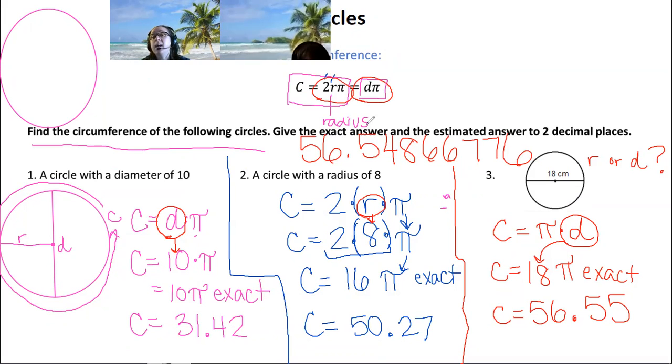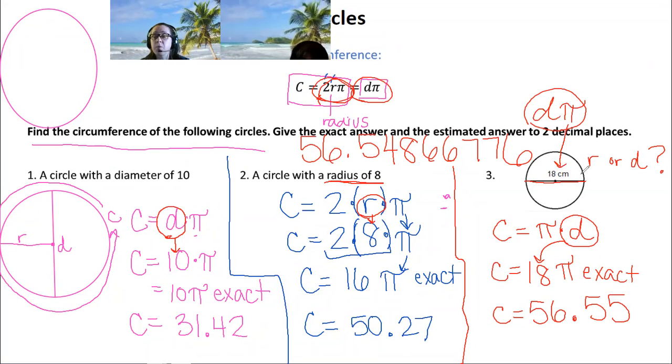It makes more sense to use the diameter times pi formula when you're given a diameter, and we knew it was a diameter because Vivi said it went across the whole circle. You use the 2 pi times radius formula when you have a radius. So it just depends. If they give you a radius, use this formula. If they give you a diameter, use this formula. And that 18, that's our diameter. That's where that came into place.